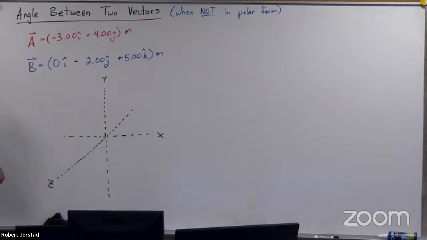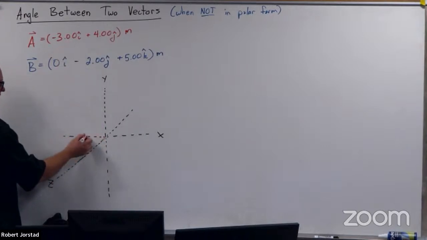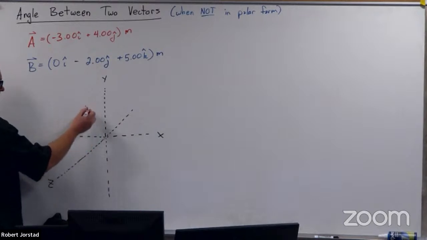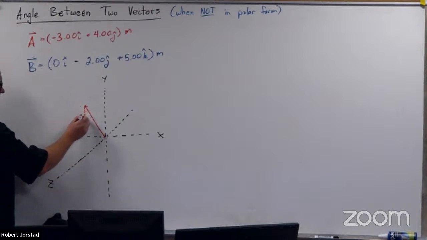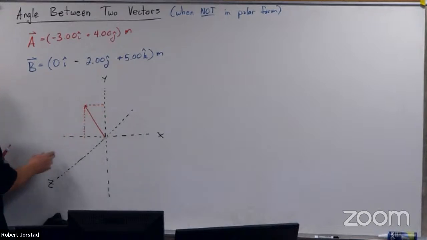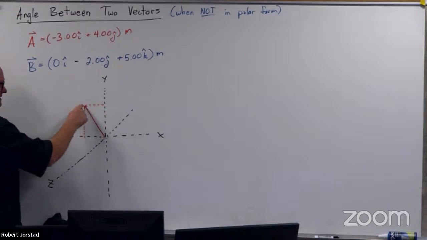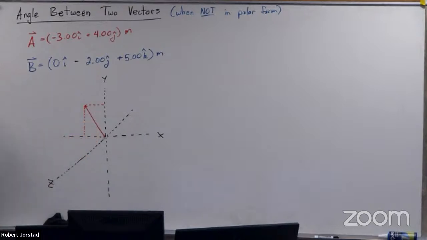Looking good. All right, so in this case, let's try and draw the A vector. It goes 3 to the left, or negative 1, 2, 3, up 4. And then to indicate that this is in the XY plane, I'm going to draw this and this. So this shows you this goes to the y-axis, this goes to the x-axis, and I don't have a line drawn to the z-axis, so it's not in the xz plane.